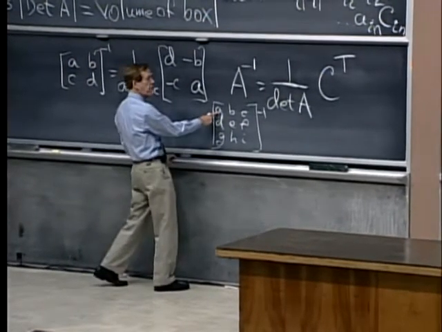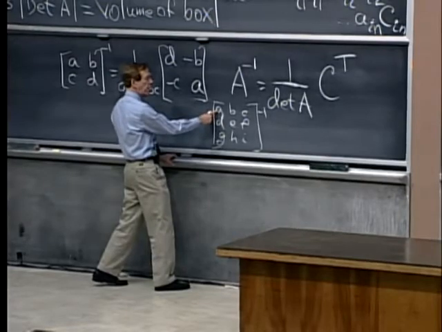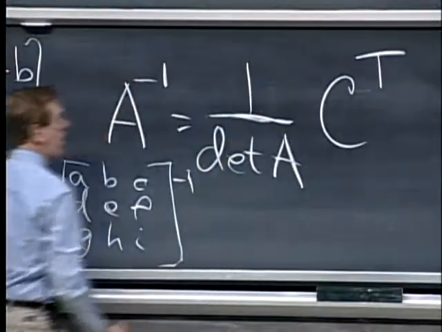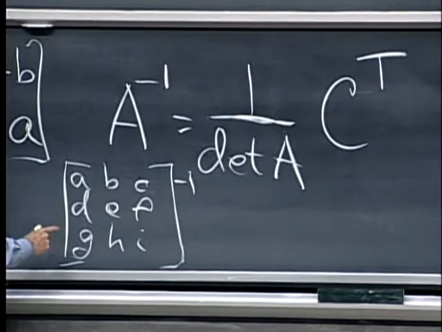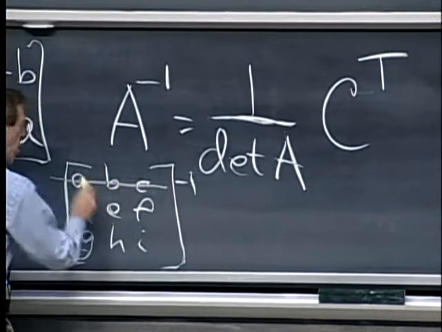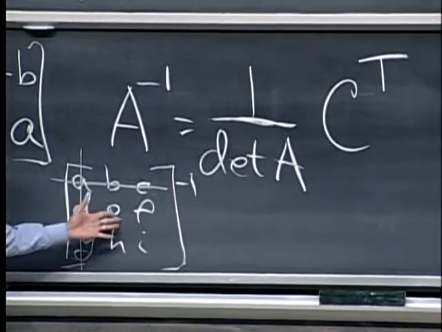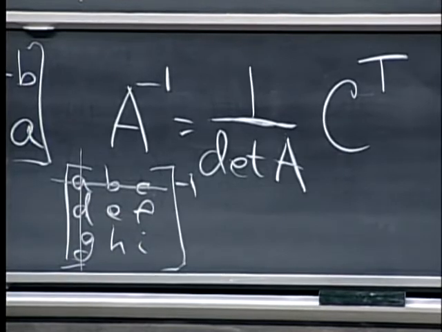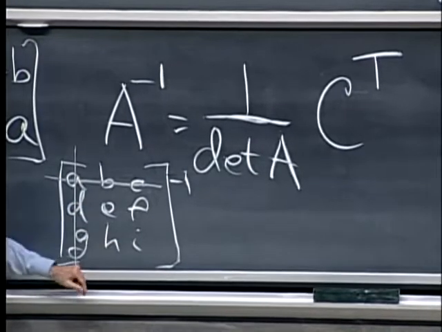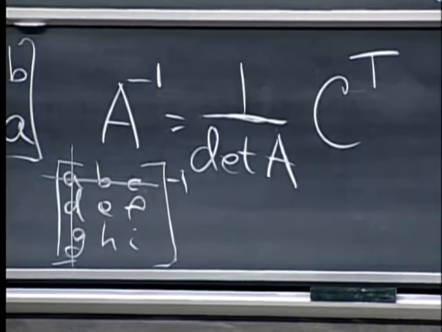What's the cofactor of A? The cofactor of A, the 1, 1 entry up here in the inverse, is, I throw away the row and column containing A, and I take the determinant of what's left, that's the cofactor, and that's EI minus FH, products of 2 things.